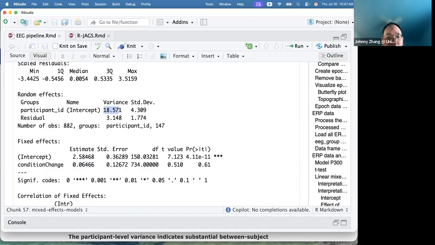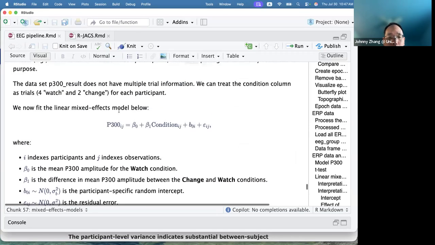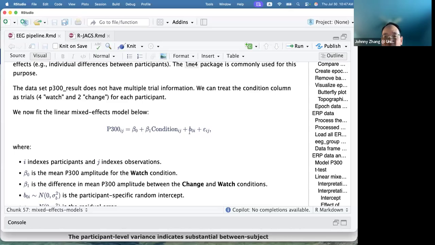And we also have the random effects parameter estimates. This is basically the variance of B0i. If B0i has a large variance, there's a large individual difference, which also means it's important to include the individual parameter here. On the other hand, if the variance is small, we don't need to use a mixed effect model; we can just use a regular regression model.